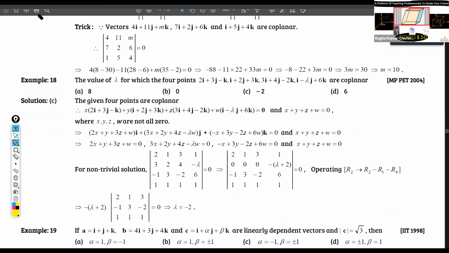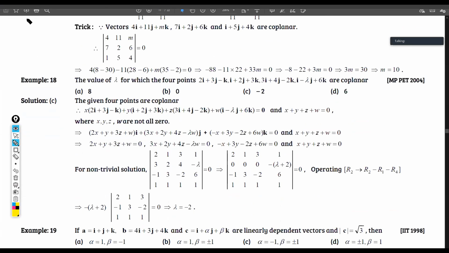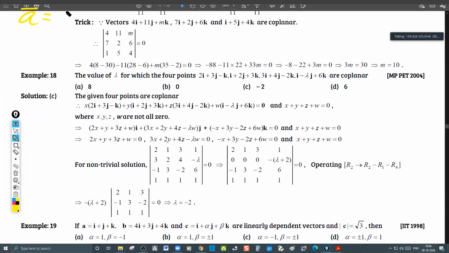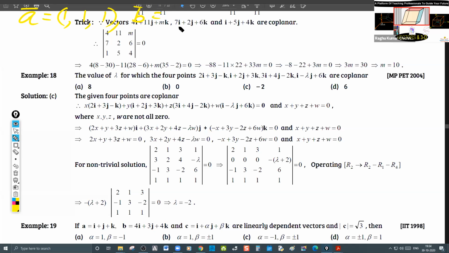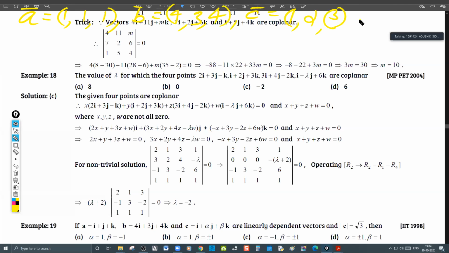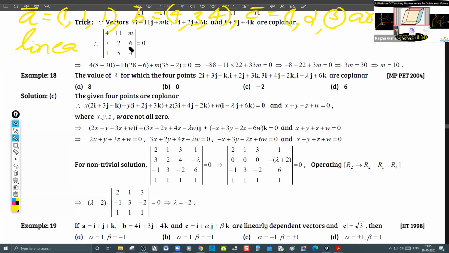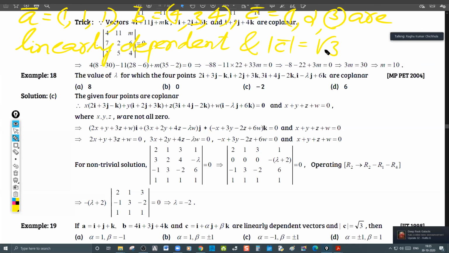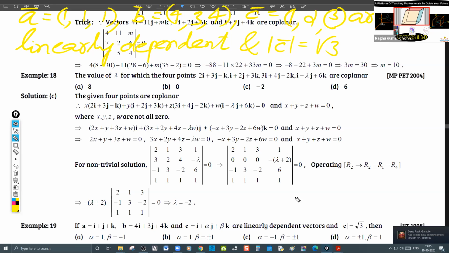If A equals I plus J plus K, B equals 4I plus 3J plus 4K, and C equals I plus alpha J plus beta K are linearly dependent vectors, and mod C bar equals root 3, then we have to find the alpha and beta values.